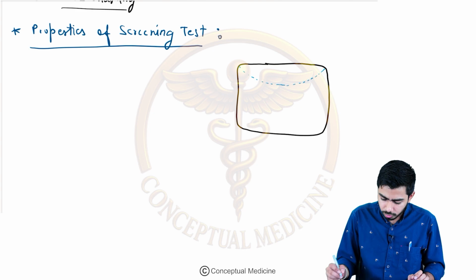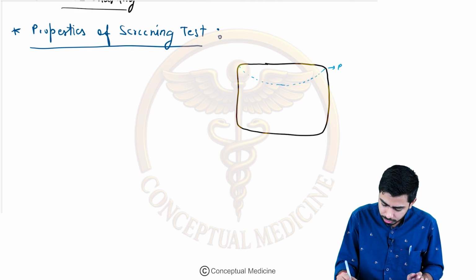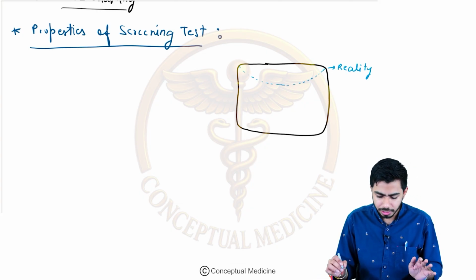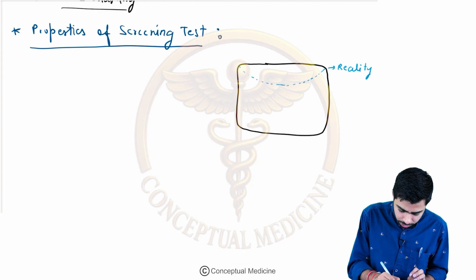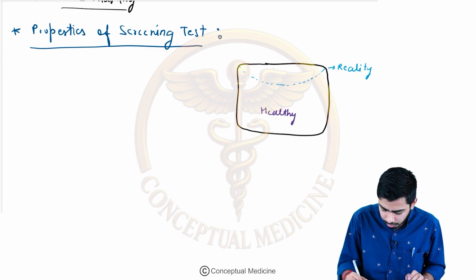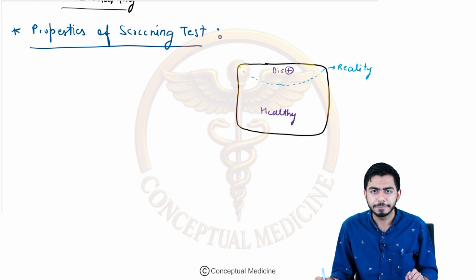Okay, so this is the reality. Basically, these persons which I am showing over here are healthy, and these persons are actually having the disease. Okay, listen to me very carefully. This is the reality.